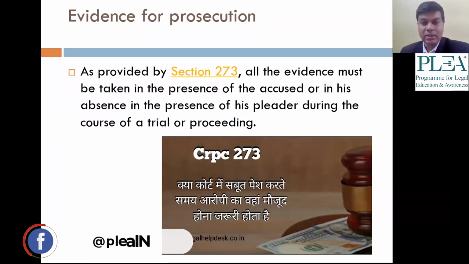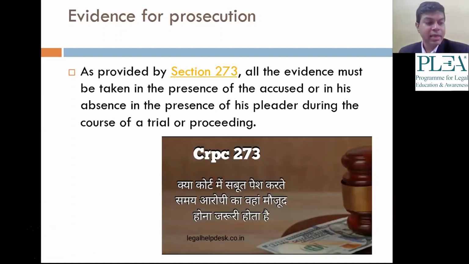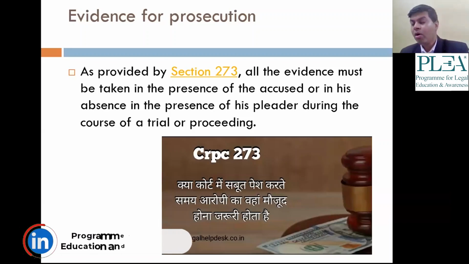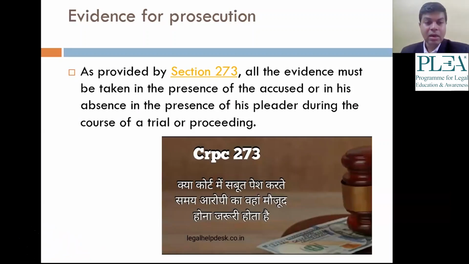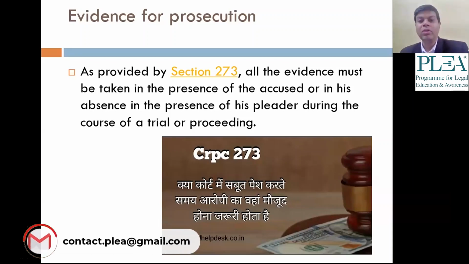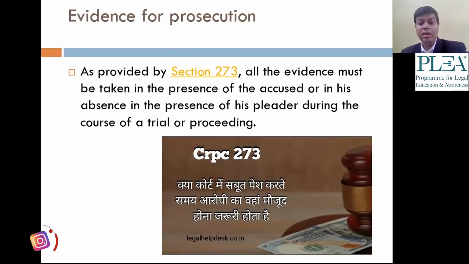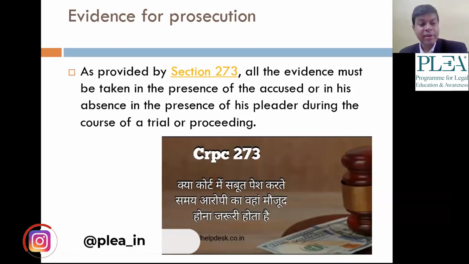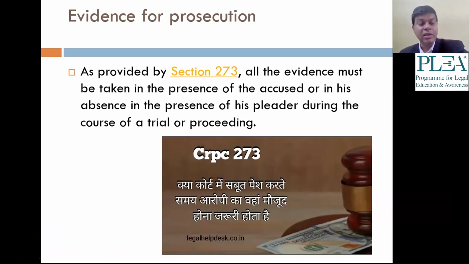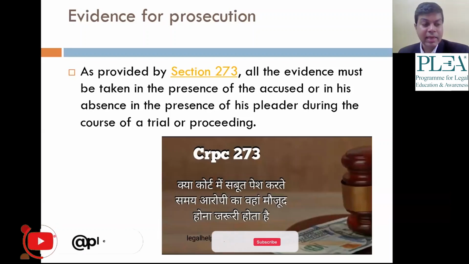The police has to file the evidence. Suppose the evidence can be CCTV footage or any documents. If the other side, that is the public prosecutor or the State, gives any evidence, then that evidence must be in the presence of the accused. This section clearly states that.